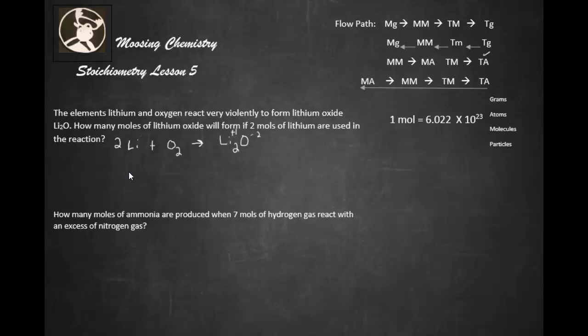Okay, now what we have is 2 moles of lithium, and we want to know how many moles of lithium oxide will form. Well, you get 2 moles of lithium times, now you need the molar ratio, so it's 2 moles of lithium to 1 mole of lithium oxide.